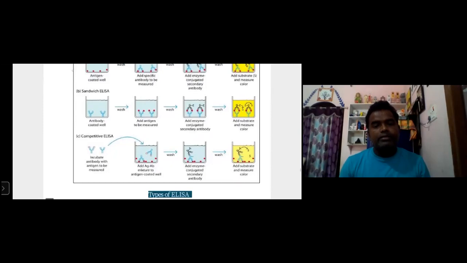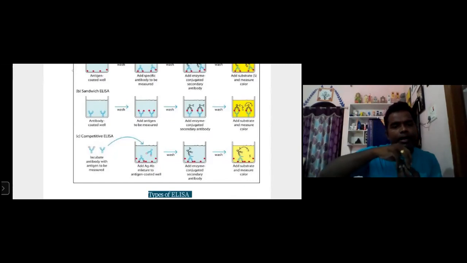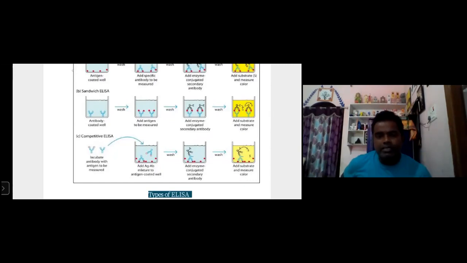Now let us see competitive ELISA. In the competitive ELISA, remember one thing. The antibody is incubated with the antigen to be measured. For example, the antigen antibody complexes are incubated first of all in an incubator.